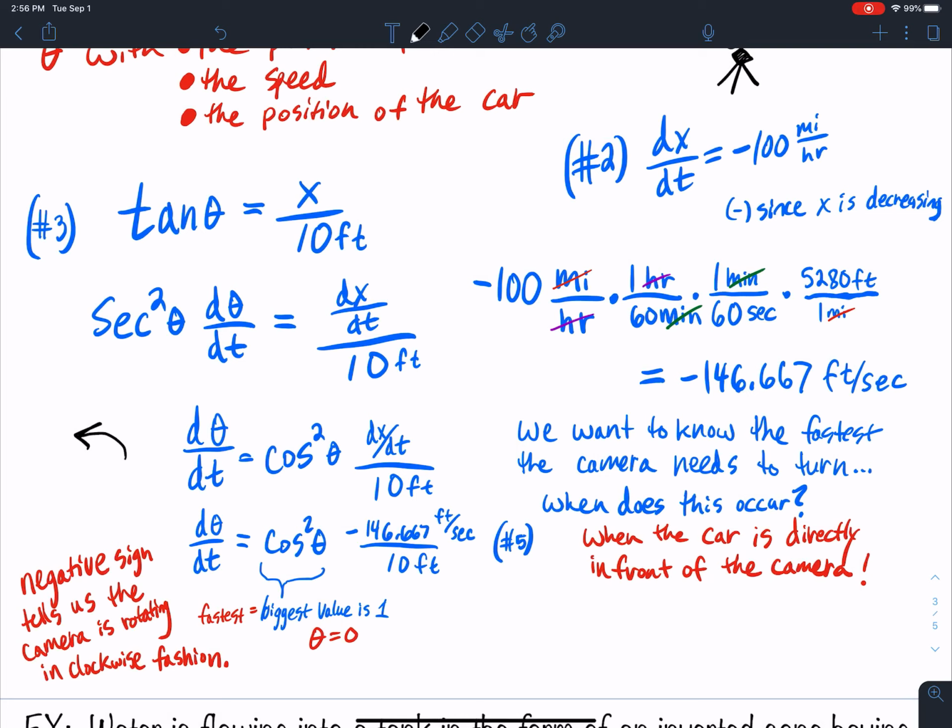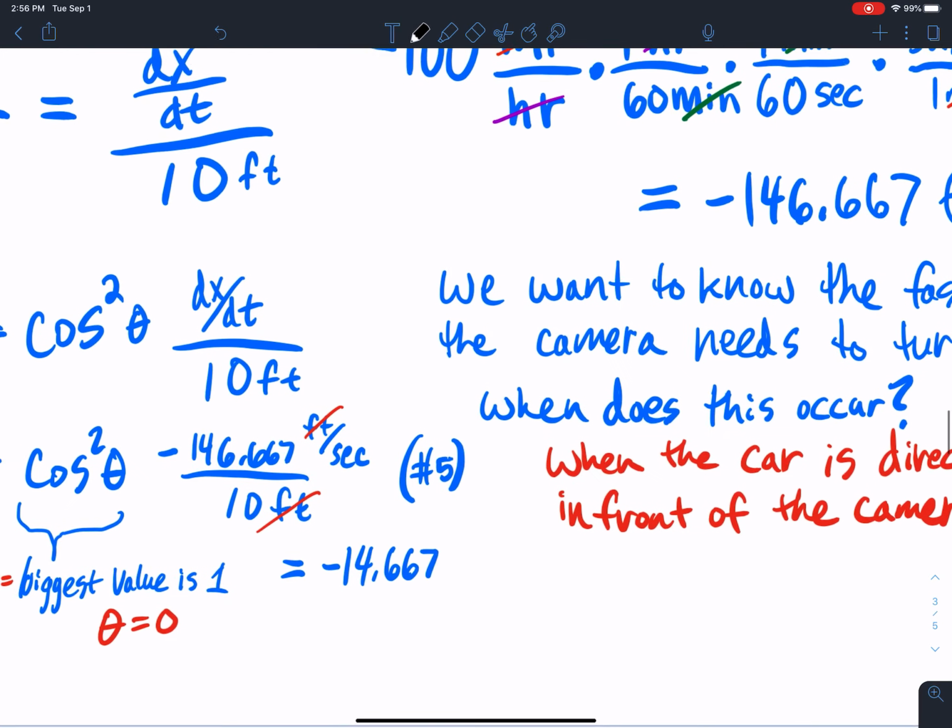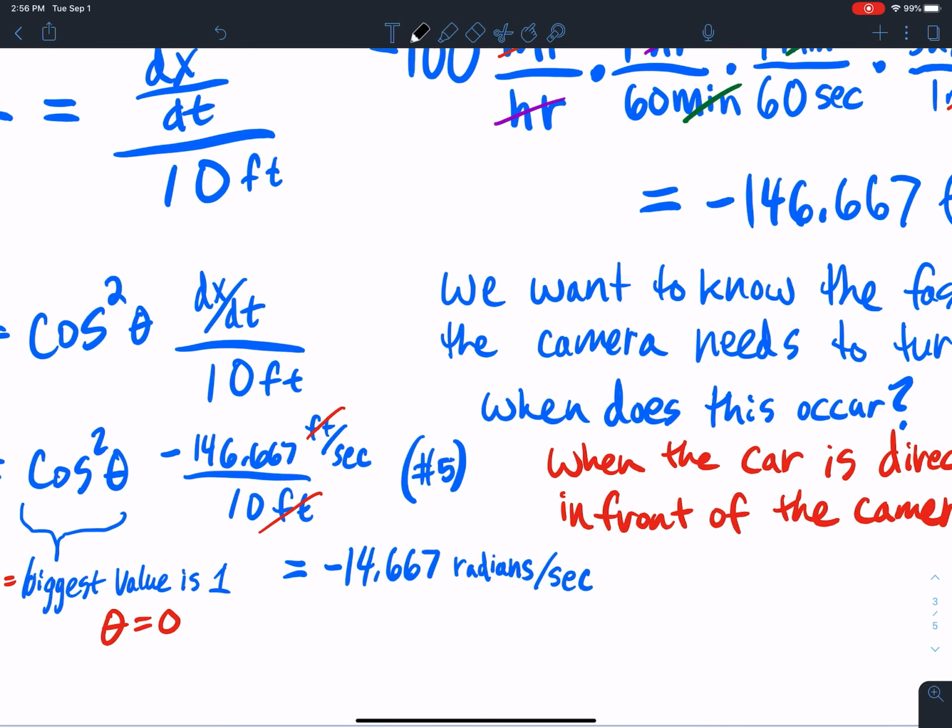So we're rotating in the opposite direction, okay? Now the feet cancel, and so what do I have? I've got moved the decimal over one place because you're dividing here by 10, and this is in radians per second.